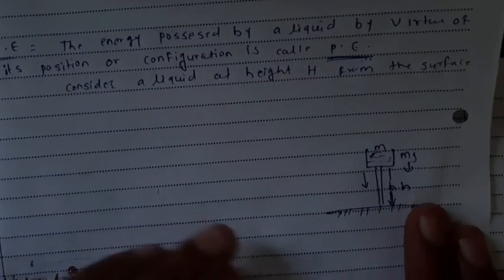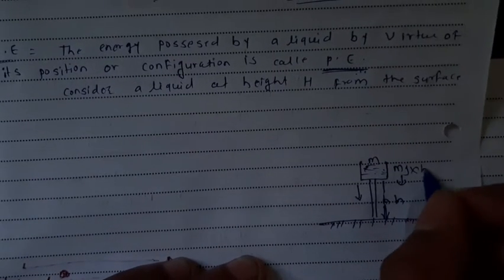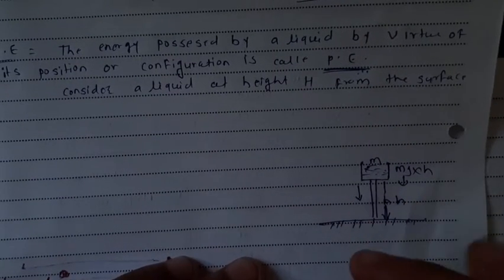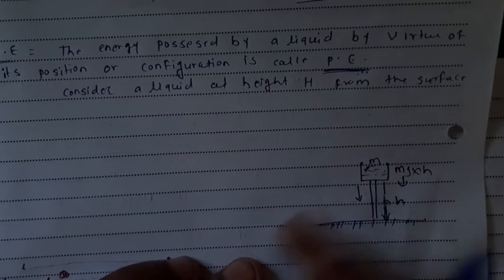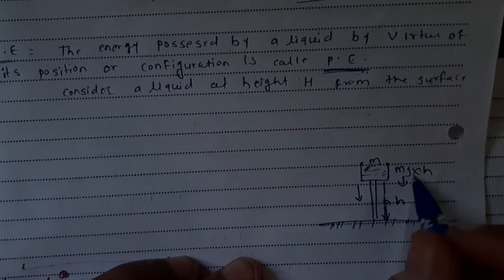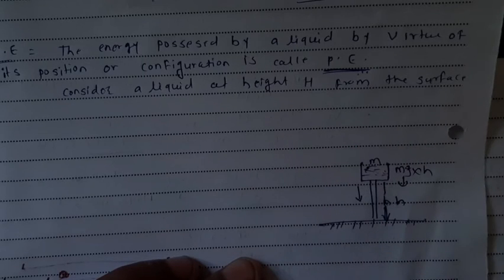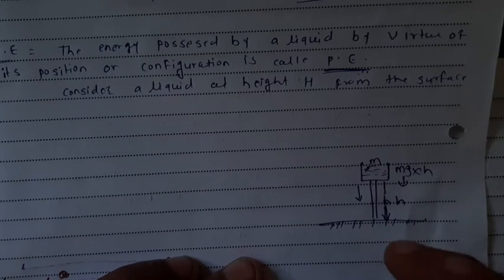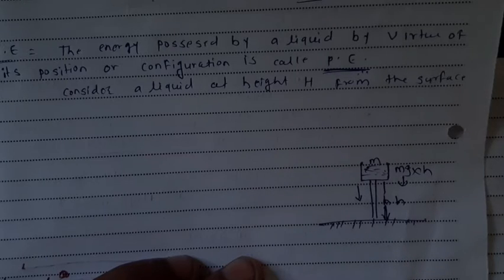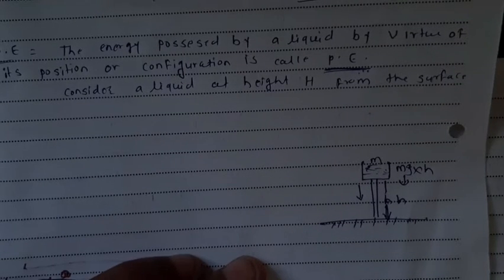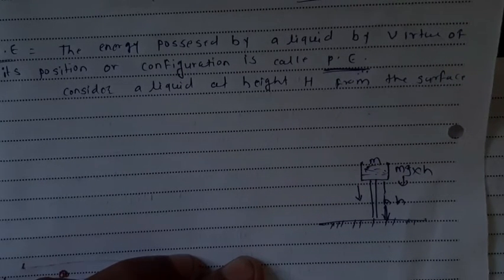So the work done to bring this liquid from this surface to this surface is mgh, but it is in the opposite direction to the gravitational force, so that work done will be minus mgh. The negative of this energy is stored in the form of potential energy.